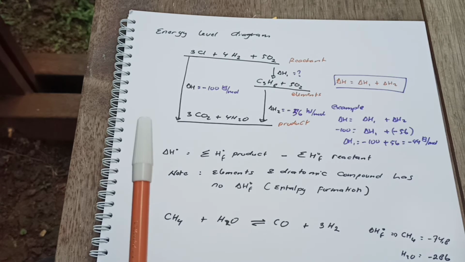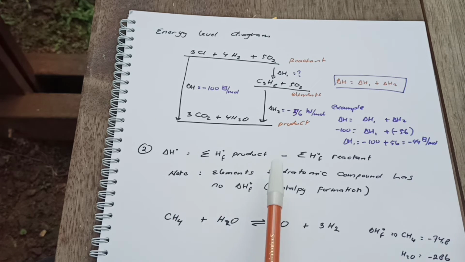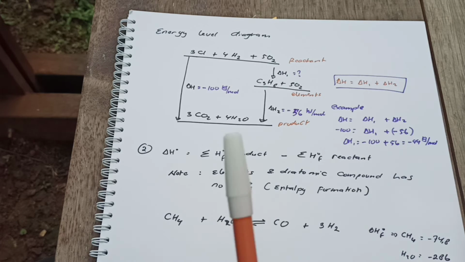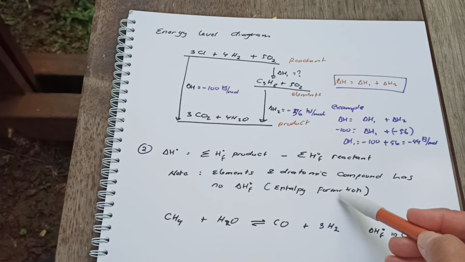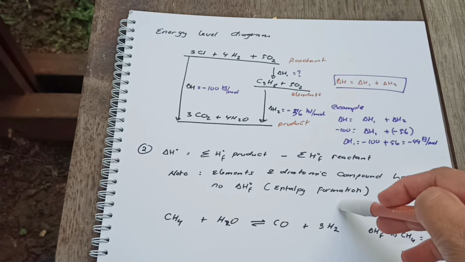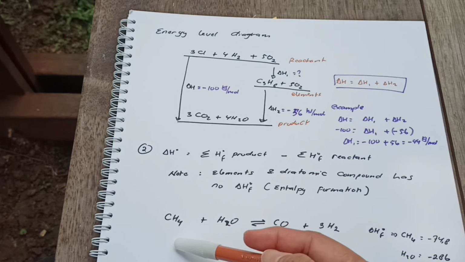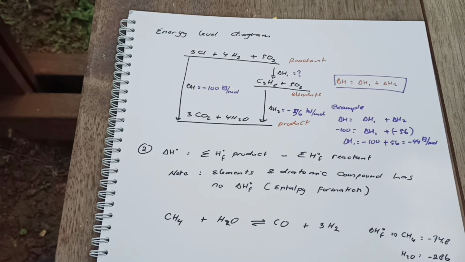An important note is that elements and diatomic compounds have no enthalpy of formation. Why do they have no enthalpy of formation? Because they're already there. You do not form them. Formation applies only to compounds, because a compound is formed from elements.